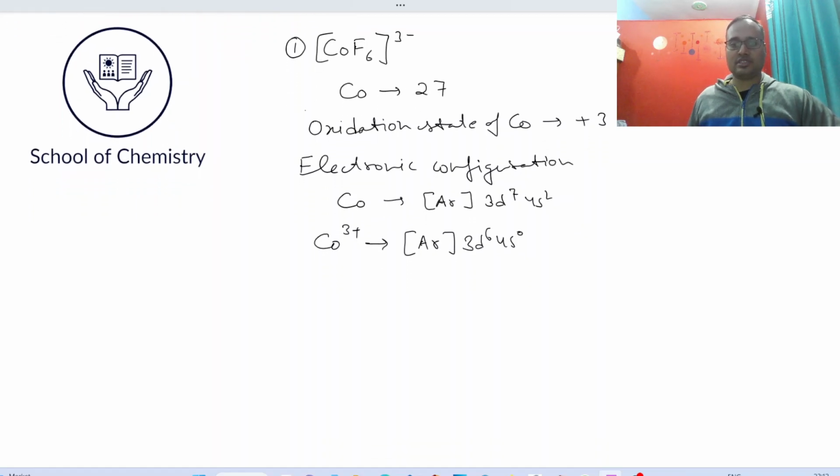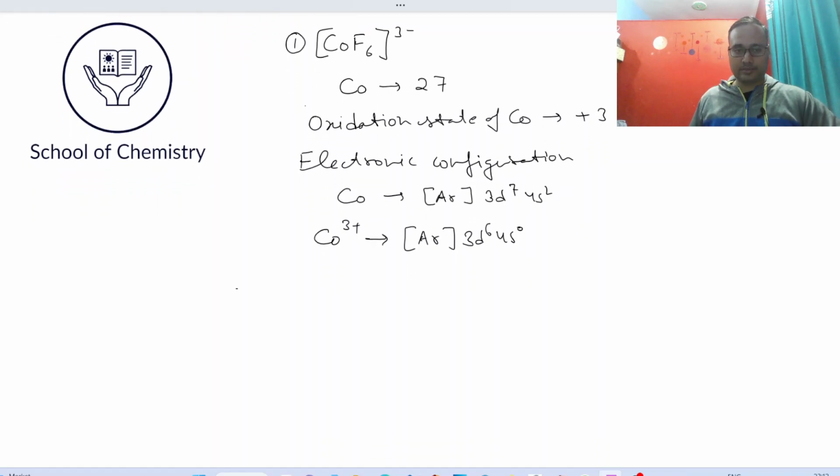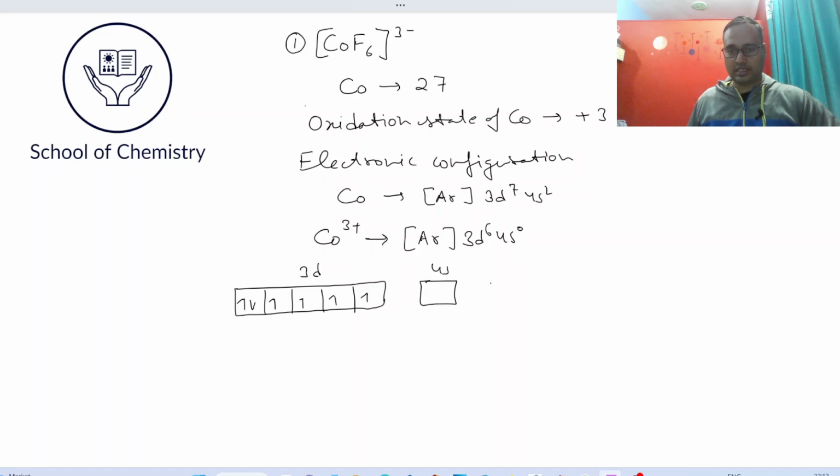Now let us represent it in the form of the block diagram, that in the 3d orbital we're having 6 electrons. So this one is 3d, 1 2 3 4 5, and this is the 6th electron. Then we have 4s orbital, and with that we have 4p orbital also.